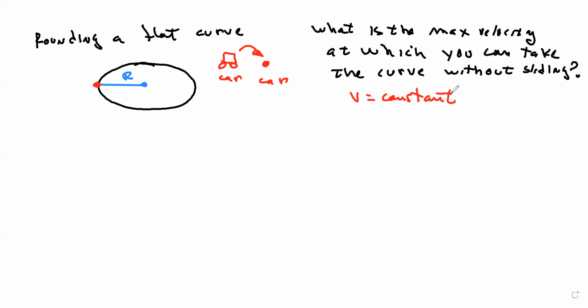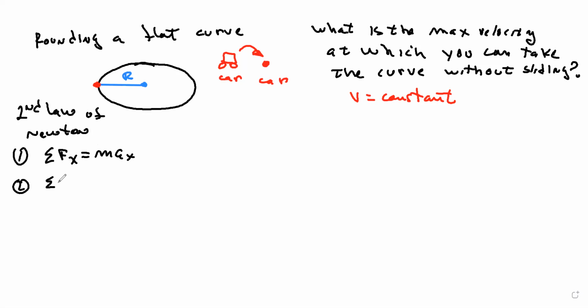And how can you solve this problem? Well, you're going to use the second law of Newton. You're going to have equation 1, which is the summation of the forces in the x direction is going to be the mass times acceleration in the x direction.